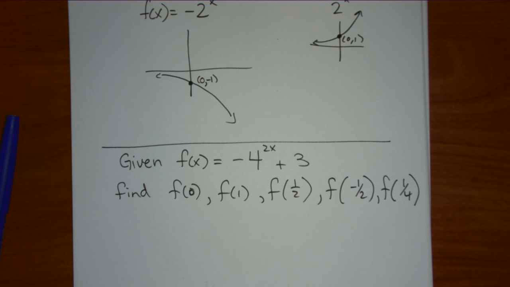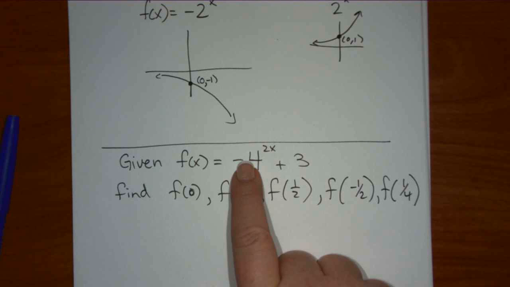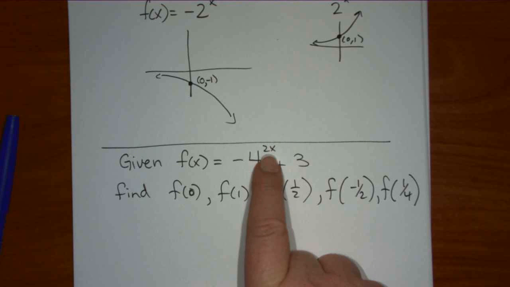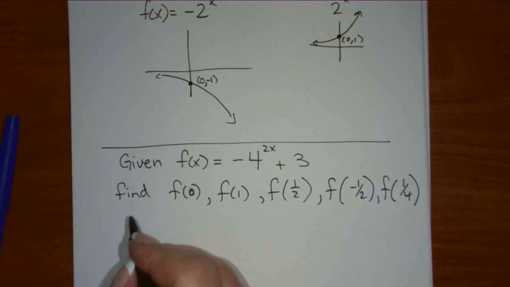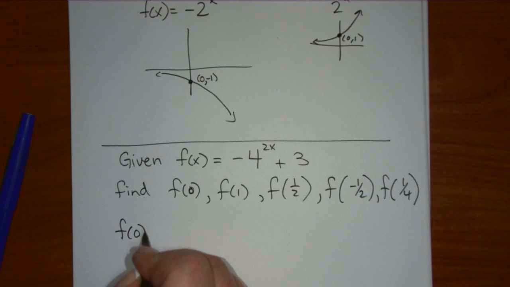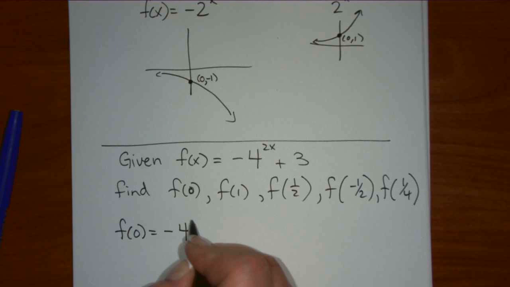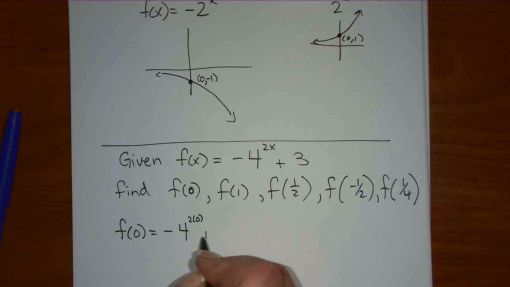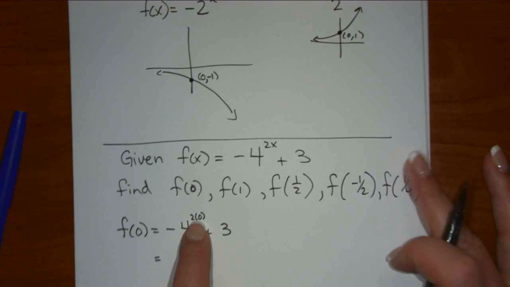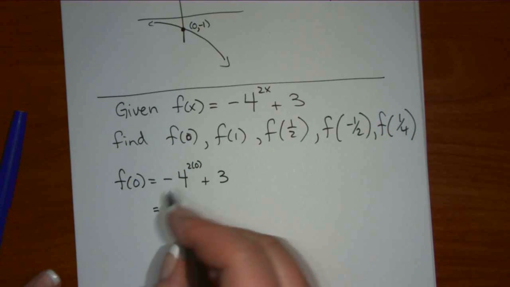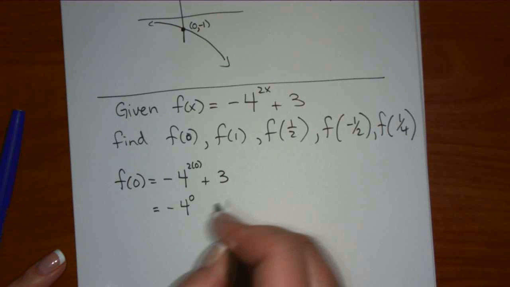But I want to do this example because there's a negative in front. The exponent has like a 2x, and people sometimes get them messed up. So if we wanted f of 0, you rewrite it, put a 0 in where the x was. Now, what's 2 times 0? 0. So this is minus 4 to the 0 plus 3.